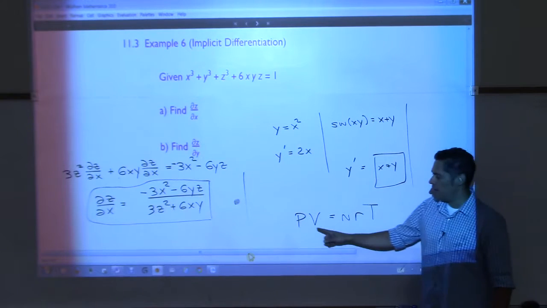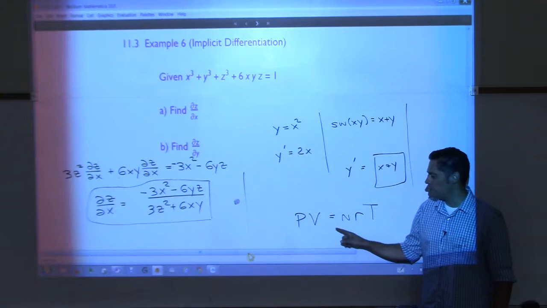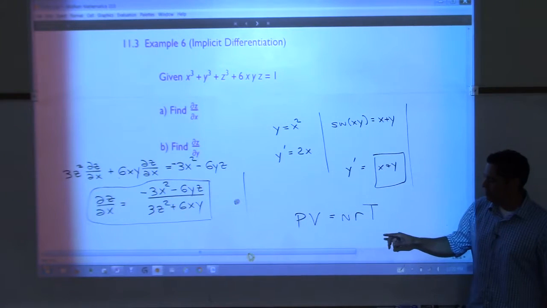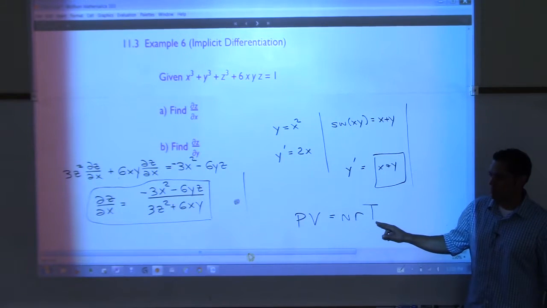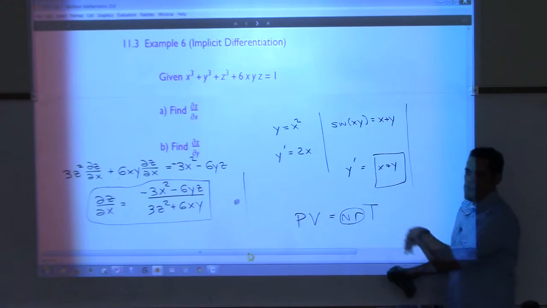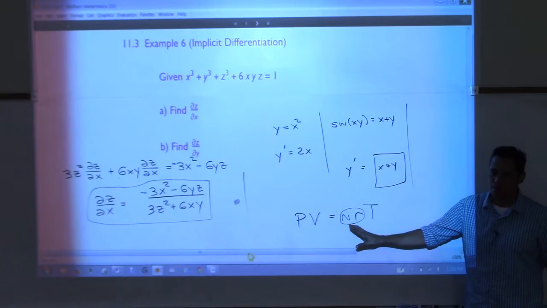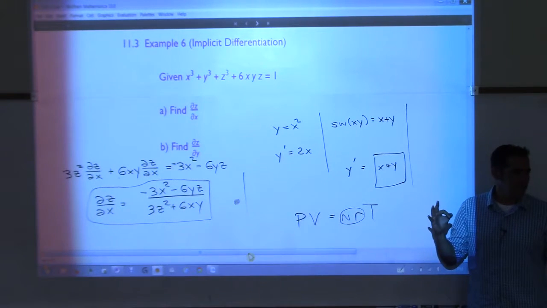So this says that pressure times volume equals number of moles times, I think that's Avogadro's constant, and this is temperature. Basically these two together right here are constant. Let's just forget those, those are a constant, all right? This is an equation that relates three variables together, right?